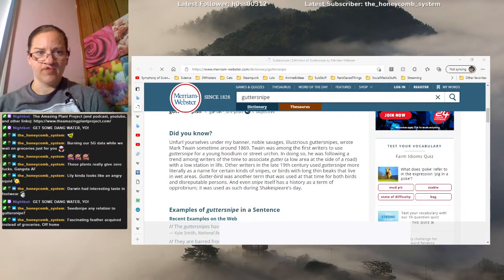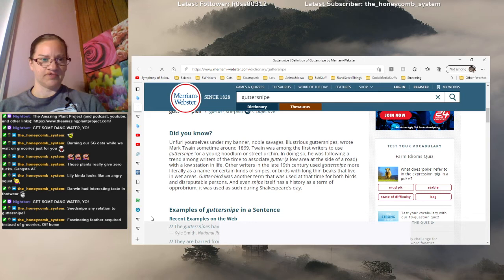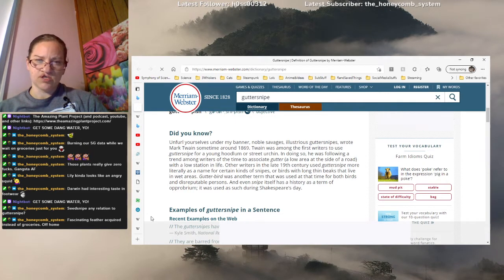Alright. So, we've got: "Unfurl yourselves under my banner, noble savages, illustrious guttersnipes," wrote Mark Twain sometime around 1869. Twain was among the first writers to use guttersnipe for a young hoodlum or street urchin. In doing so, he was following a trend among writers of the time to associate gutter, a low area on the side of the road, with a low station in life.